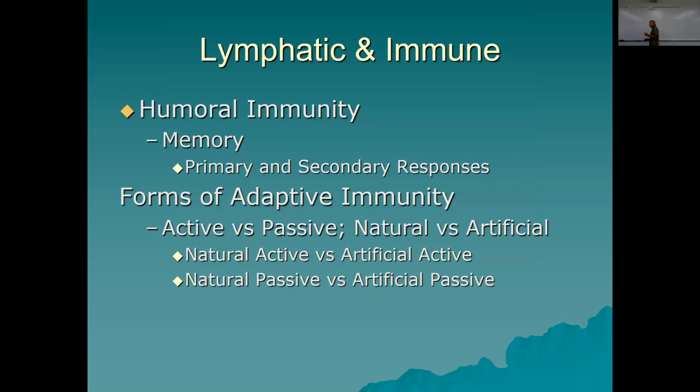So here's what gives you what's called primary and secondary responses. The primary response is when you first come into contact with this pathogen. And this is delayed. It takes a while. Remember, it has to travel to the lymph nodes.